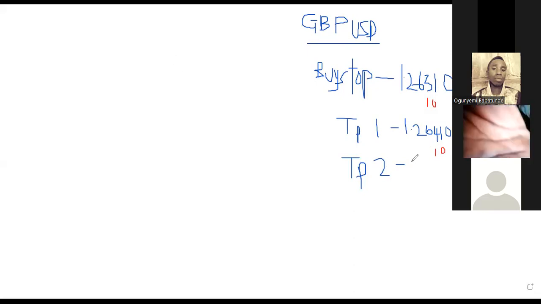So this will be 1.26510. Let's say my stop loss is actually SL.